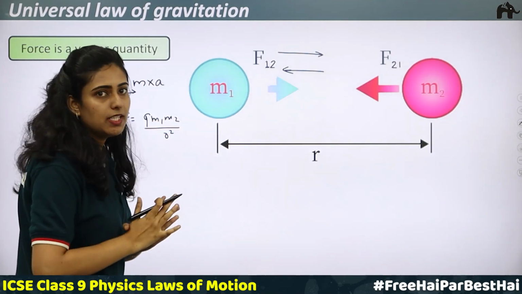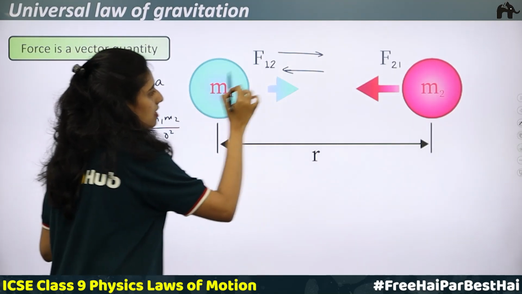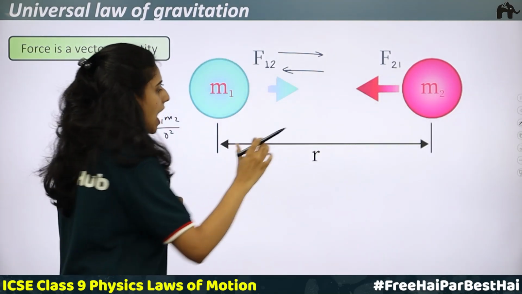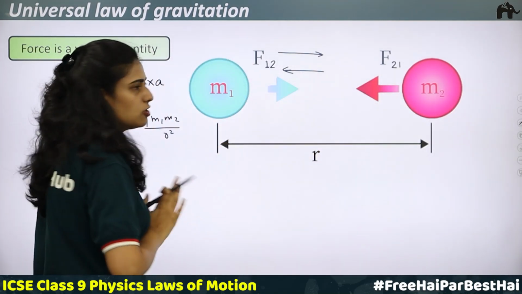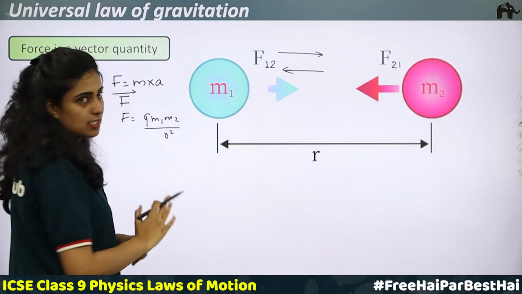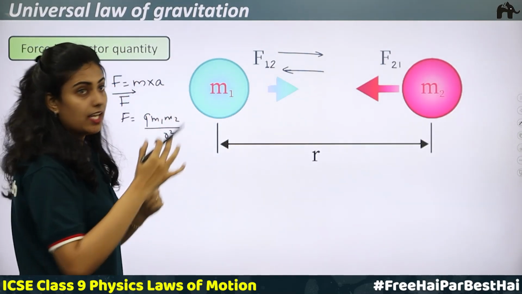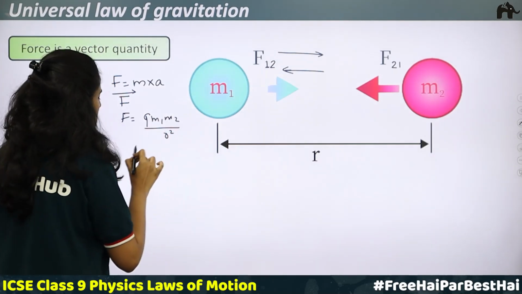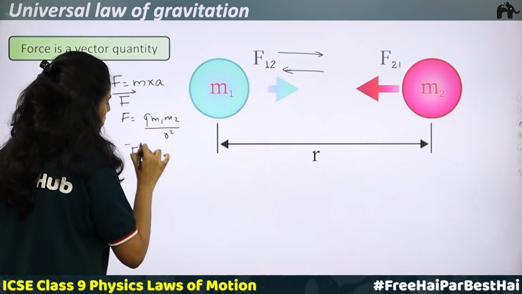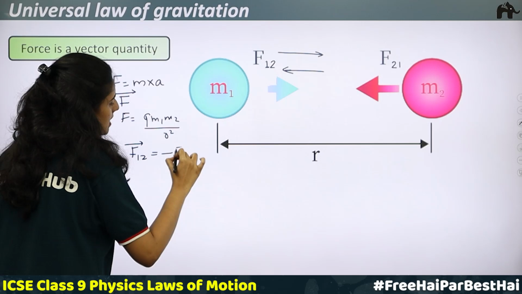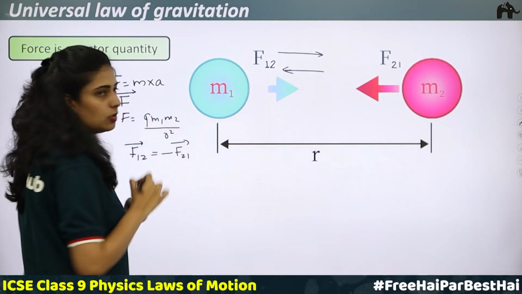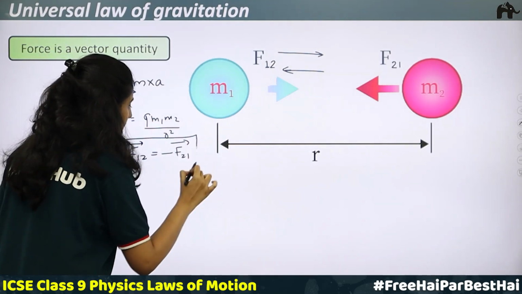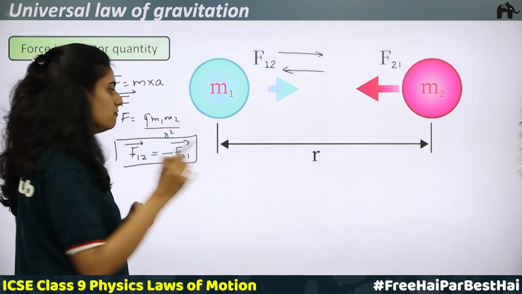The magnitude will be the same because the masses M1 and M2 and the distance of separation R are the same. But the directions are different. They are in opposite directions, which means F12 is equal to minus F21. So they are action and reaction forces.